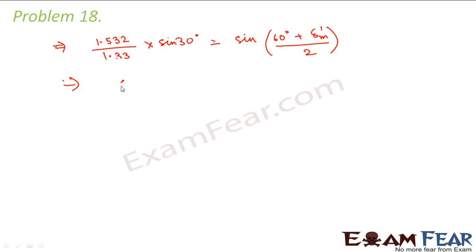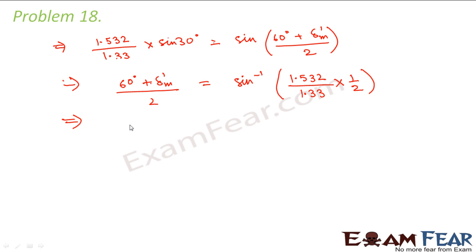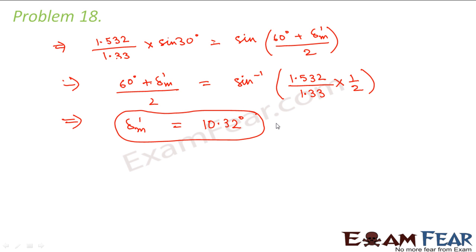Or we can say that (60 degrees plus delta M dash) divided by 2 is equal to sine inverse of 1.532 divided by 1.33 into 1 by 2. From this we find that delta M dash comes out to be 10.32 degrees. So this would be the new minimum angle of deviation.